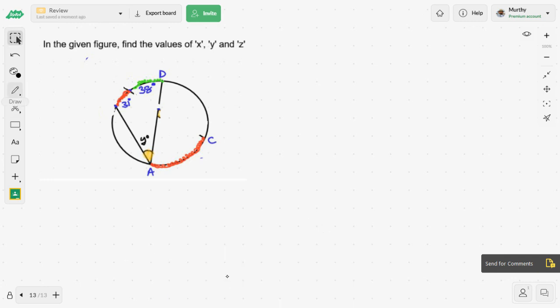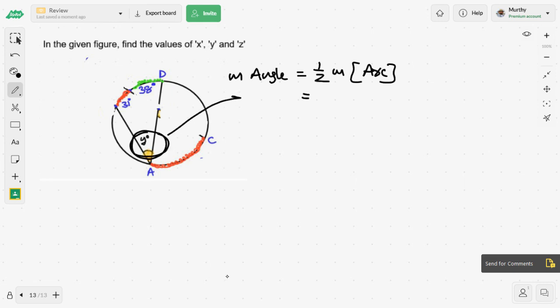Do you remember, if you are given this kind of question? So here, let me take the measure of angle equals half the measure of arc. So if you are given the question this way, you separate and you split it and do it. Half the measure of arc means, guys, do you see that there are two values, 31 and 38?